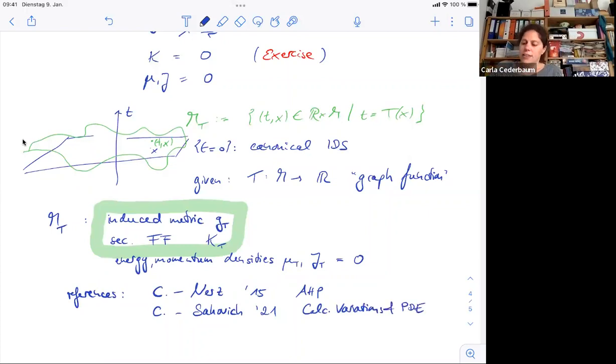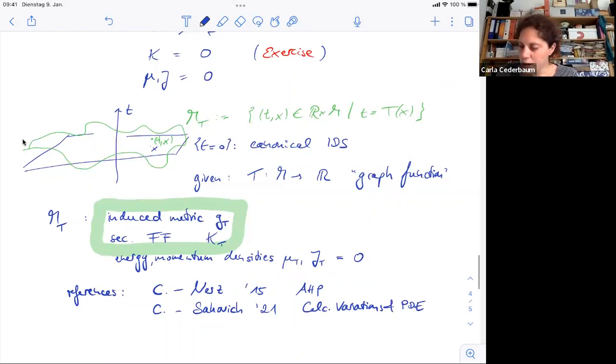Okay. So if you're interested in reading the full computations, they are in there, and the correct formula again is in the second one for K.